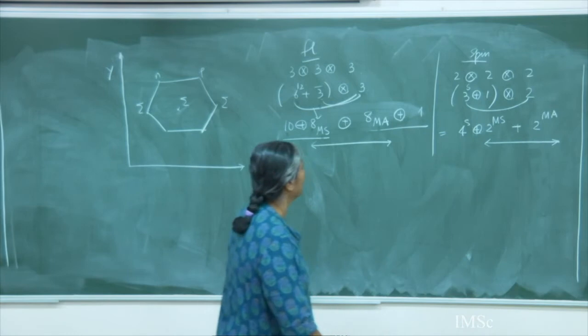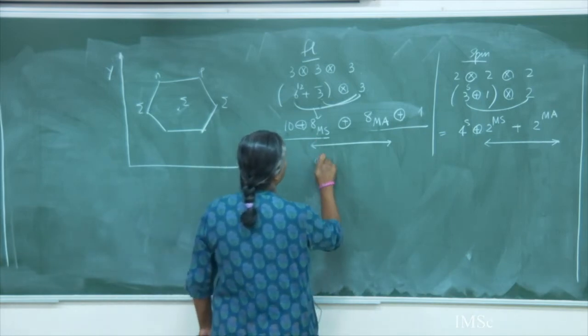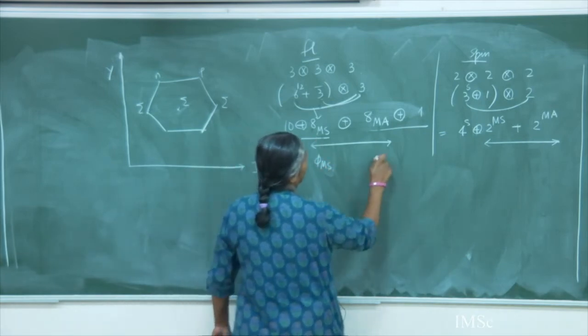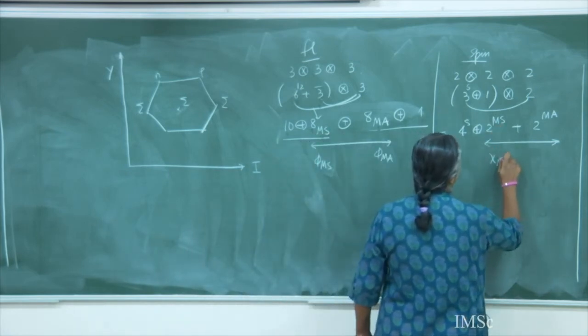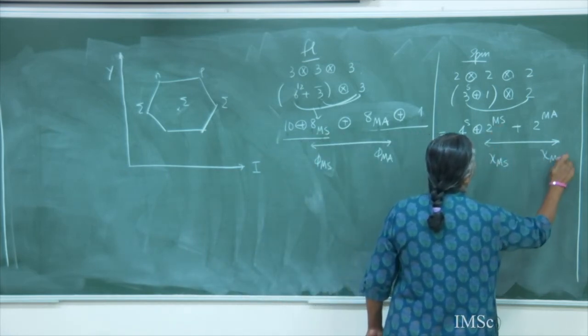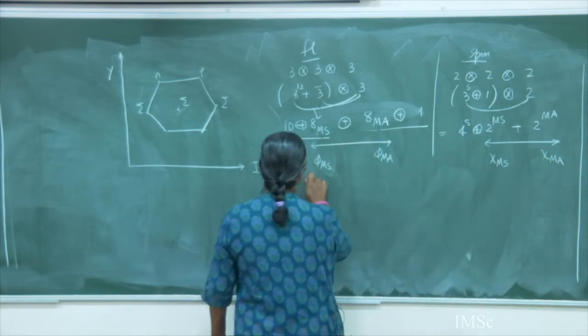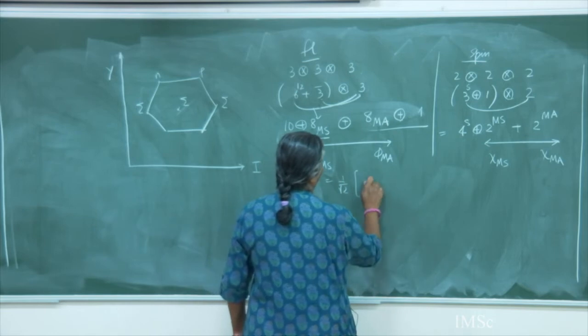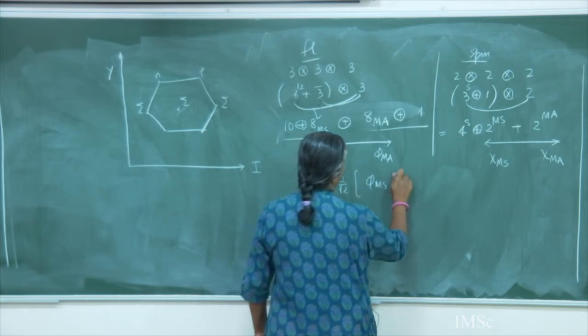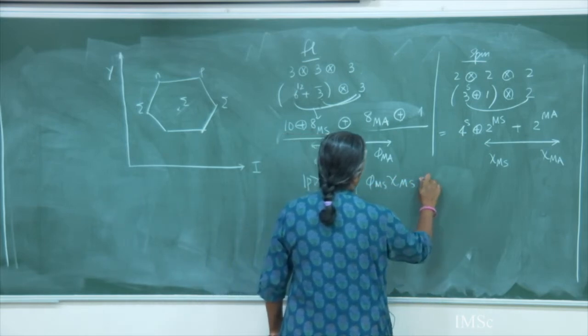So this is what I called phi Ms, phi Ma. This was my chi Ms, chi Ma. And my protons or neutrons were 1 by root 2 phi Ms chi Ms plus the other term.